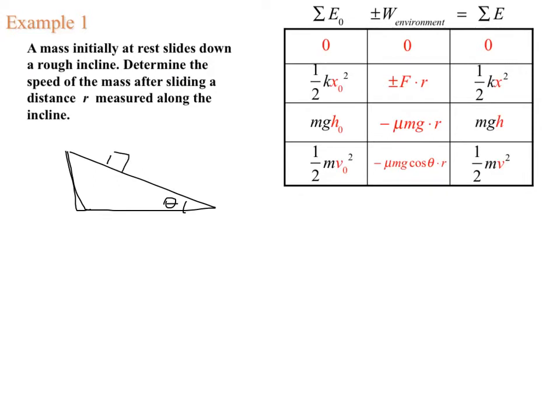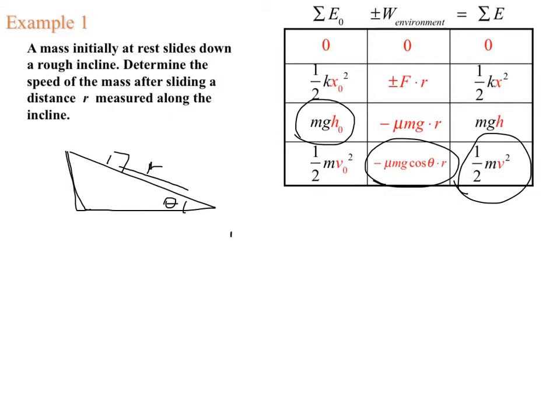Now, again, it's initially at rest, so the type of energy we have at the very beginning of our situation is going to be mgh. Now, it says that it slides down a rough surface, so some distance r. And then at the end, we're going to have a speed. So at the end, it's telling us we're going to have some kinetic energy. So again, at the very beginning, we have mgh.